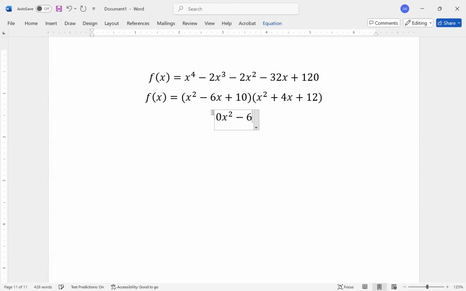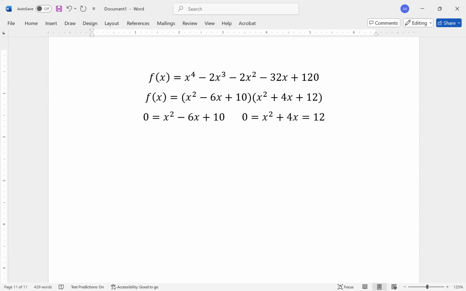Now we don't really need to solve the first polynomial set equal to 0, because I already know that 3 plus i and 3 minus i are the solutions to this one. What we need to do is solve for the second quadratic set equal to 0.